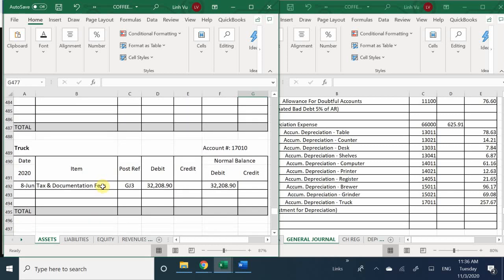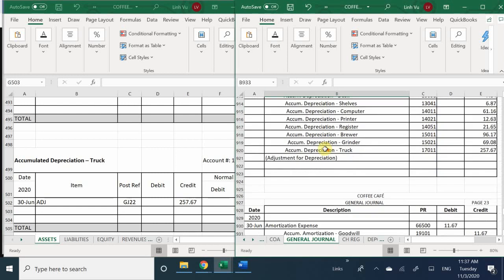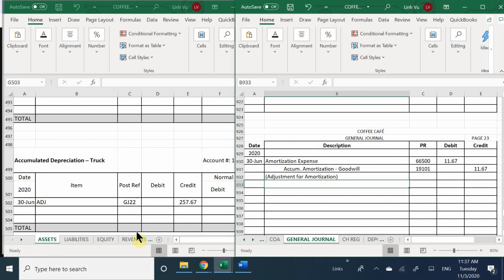Okay, so here's my vehicles. Here's my truck. Accumulated depreciation for my truck is going to be GJ22, 25767. All right, in my credit account, and therefore my balance is going to be 25767. All right, and then lastly, let's go ahead and do my amortization.